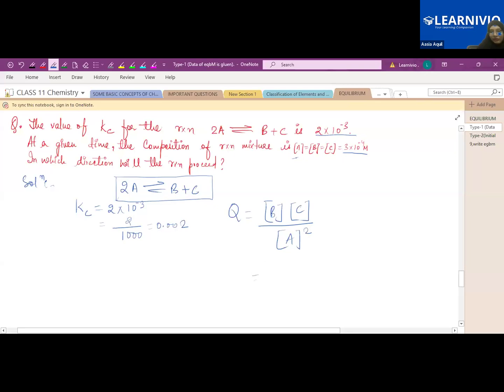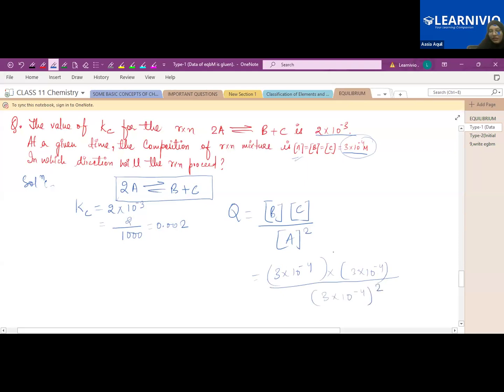Now you can see the concentrations are given, and for each of A, B, and C the concentration is the same. Now substitute the value: 3 into 10 raised to the power minus 4, multiplied by 3 into 10 raised to the power minus 4. In the denominator, the concentration of A is also the same: 3 into 10 raised to the power minus 4, squared.